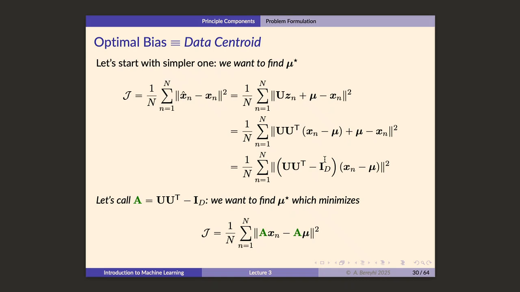Now, what I have as the loss, or the distortion J, is basically A times X, the data that I have, minus A times mu, and this mu is my bias, correct?